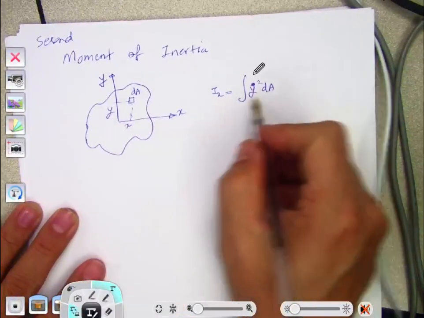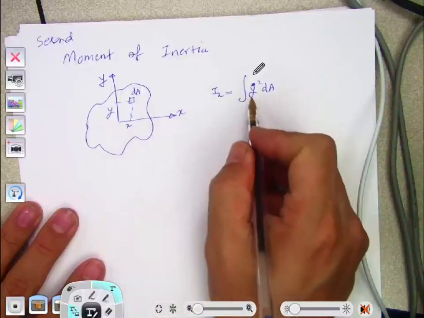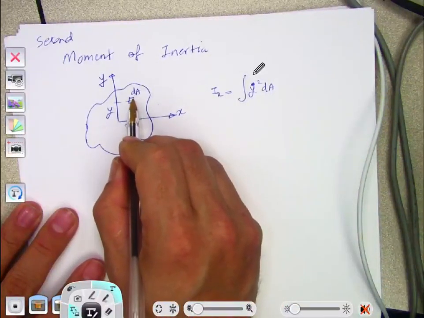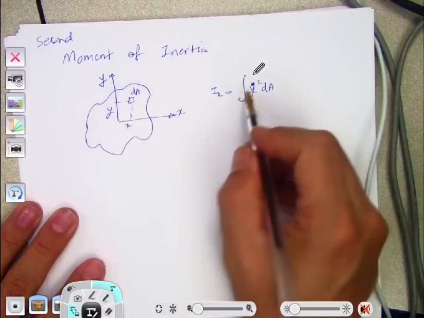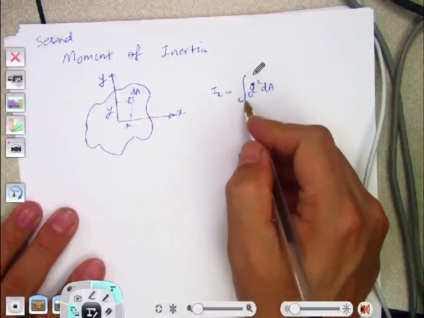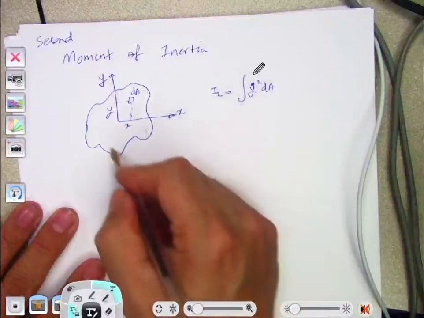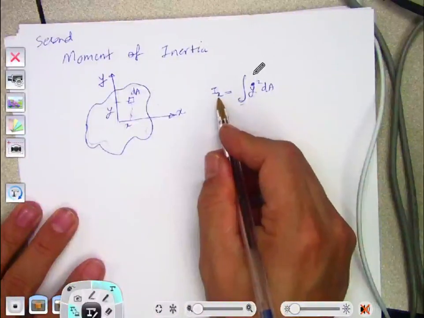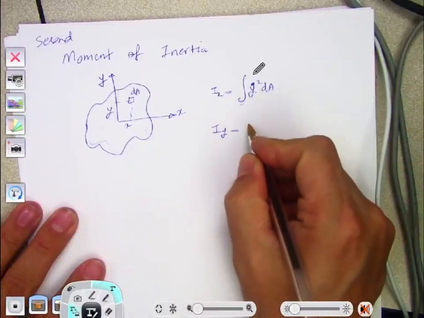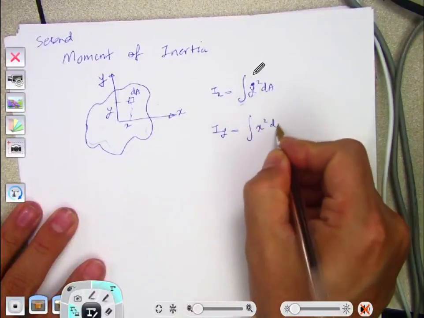What does that mean? It means the y coordinate of this differential element dA, squared, times dA. Then if we evaluate this integral for the entire region, it gives the second moment of inertia about the x-axis. Similarly, I can define Iy equal to the integral of x squared dA.